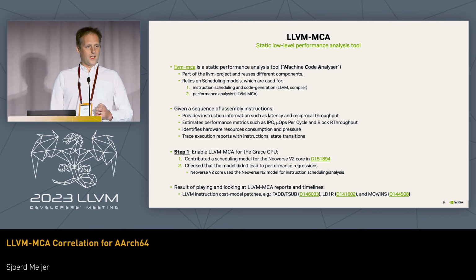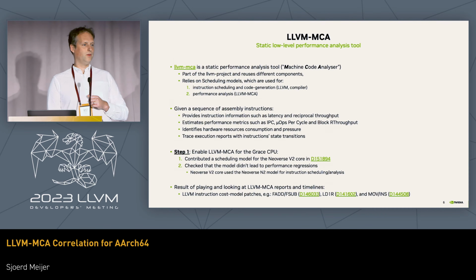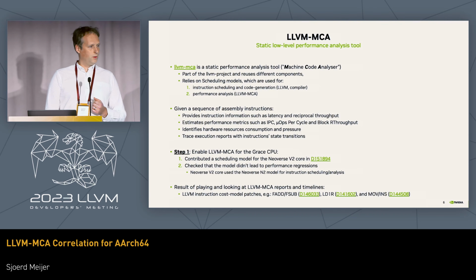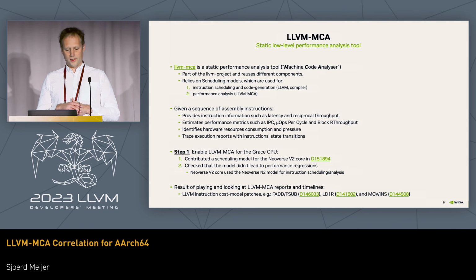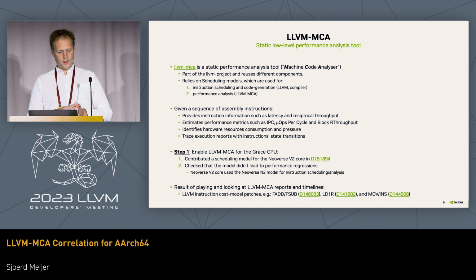Most importantly, it relies on scheduling models. And a scheduling model is a description of instructions. It describes the latencies. It describes the resource utilization. A scheduling model also describes the resources of the CPU, like the resources and the number of resources. In the LLVM project, there are two use cases for the scheduling model. First of all, it's used by the compiler for code generation, instruction scheduling.